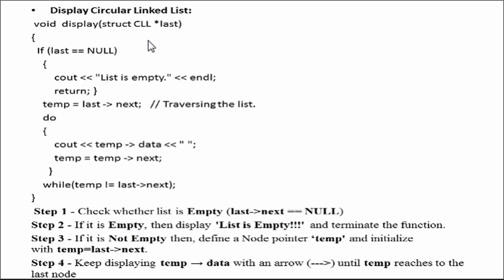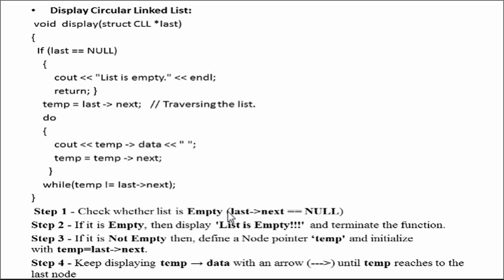Now display the circular linked list. To display the circular linked list, we need to take one temporary variable, and that temporary variable stores the address of the first node, that is last of next, and then we display the data of that temporary variable and move that temp pointer to the next node till temp is not equal to last next, meaning till temp does not reach the same first node again.